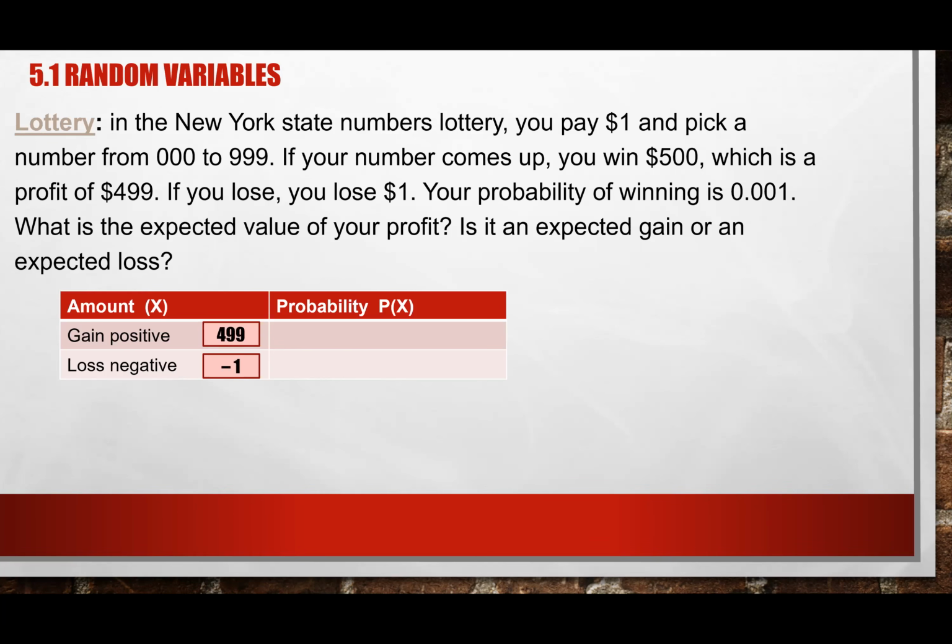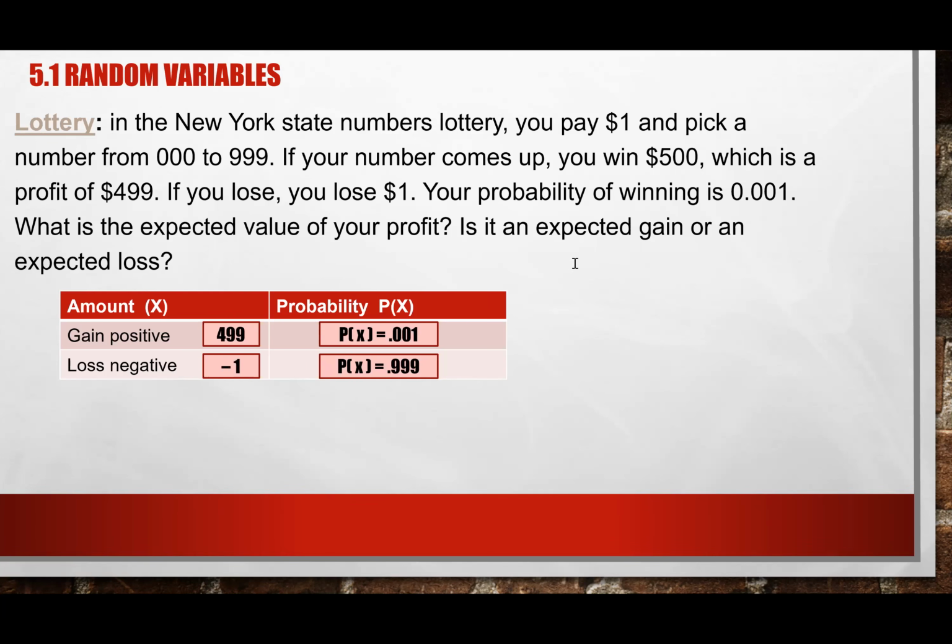The second thing we have is the probability. They tell us the probability of winning, which is gaining $4.99, is 0.001. If that is the probability of winning, do you agree that the probability of losing is 0.999? How did I get that? If you remember, the total probability is 1.